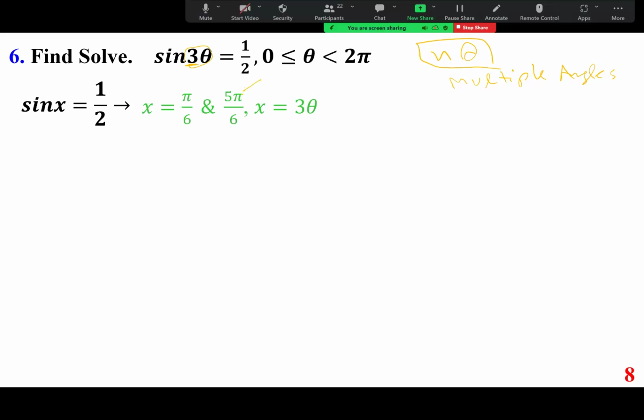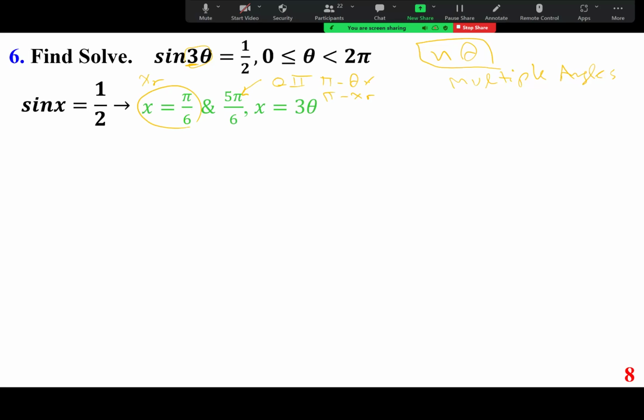I want to discuss that because this is also the reference arc, x sub r. In quadrant 2, you put pi minus the reference angle, in this case pi minus x sub r. So pi minus pi over 6 makes it 5 pi over 6. I hope everybody remembers that.